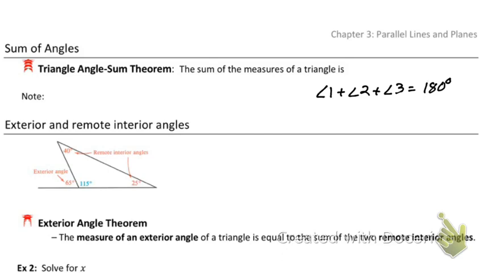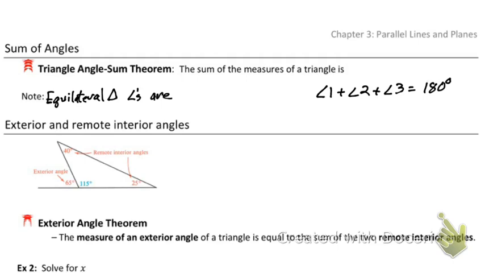All right. Our next one, we're going to talk about exterior and remote. Oh, I wanted to put a little note right here. If you ever have an equilateral triangle, the angles are, well, they all have to be the same. They have to add up to 180.